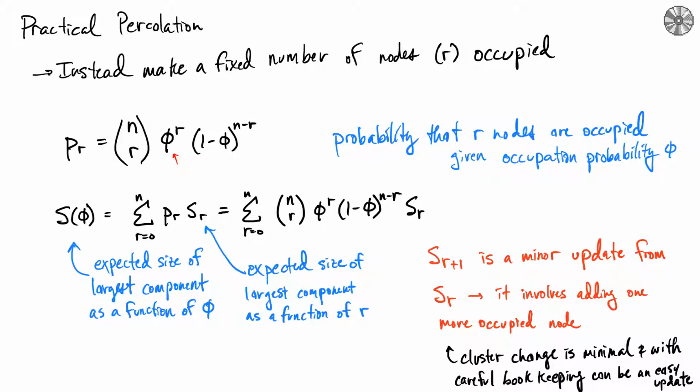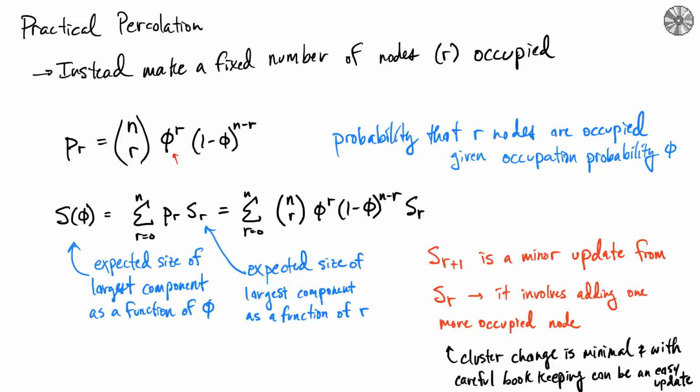But at each point, at each choice of phi, at 0.9, then 0.8, then 0.7, we'd need to do a process where we actually flip all the coins to determine whether or not the nodes have failed or not.